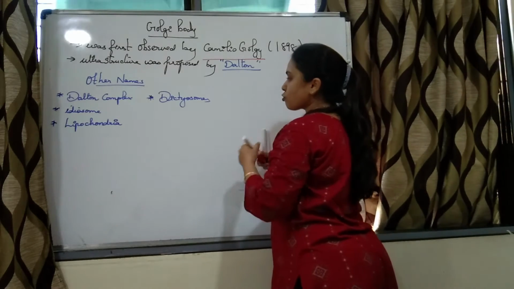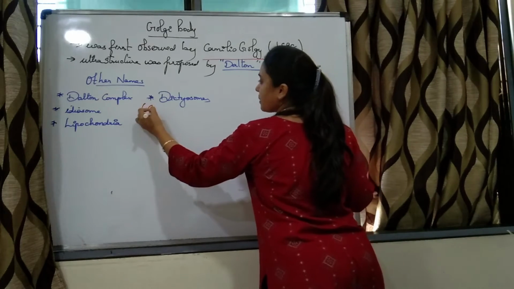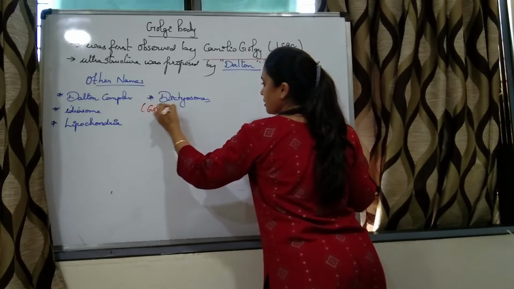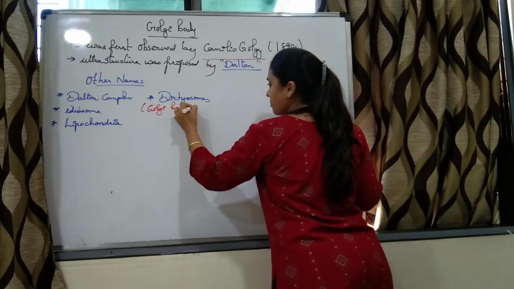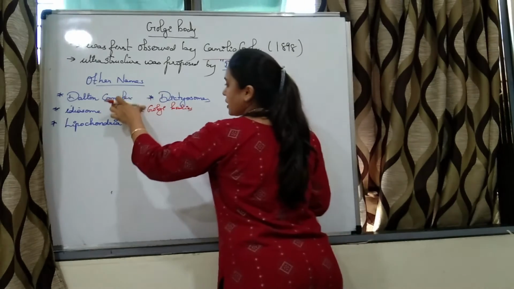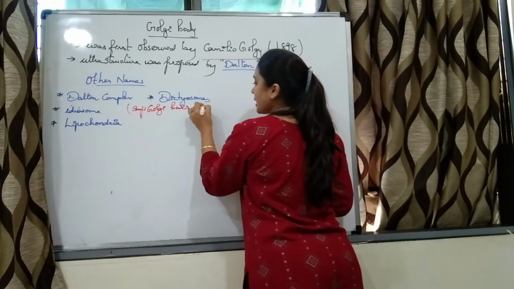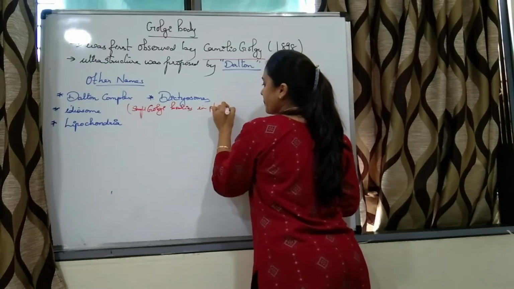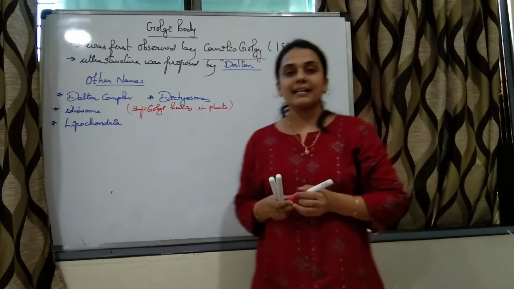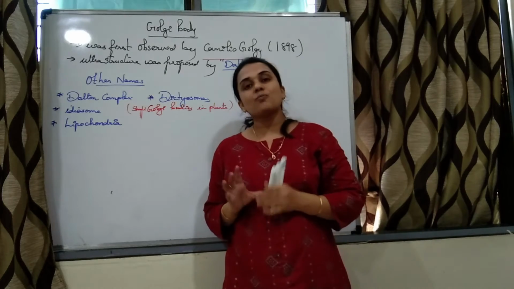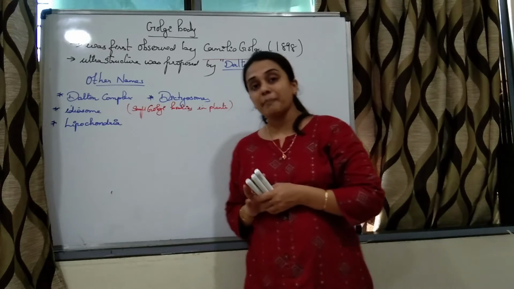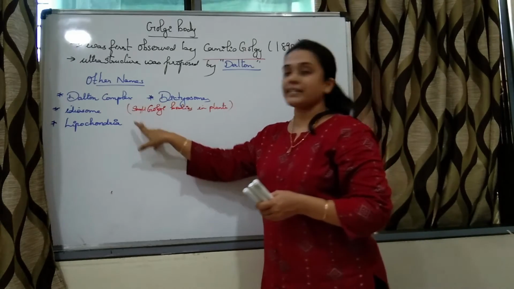What are dictyosomes? Dictyosomes are nothing but Golgi bodies, but small Golgi bodies. So let me write, small Golgi bodies in plants are called as dictyosomes, right? So small Golgi bodies seen in plants are called as dictyosomes.